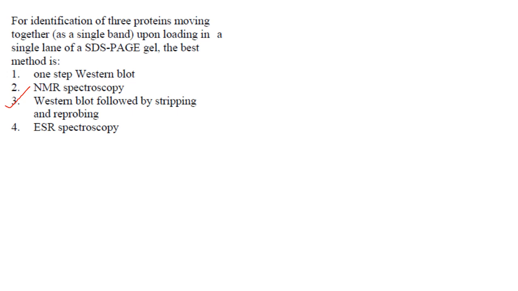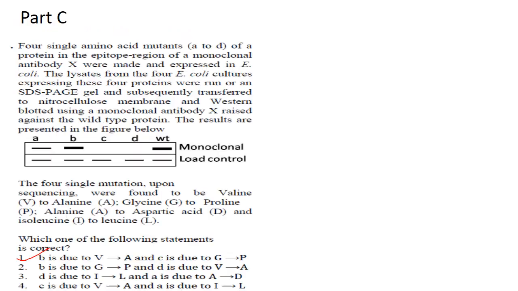That can be done by using Western blot followed by stripping and reprobing. I have explained this in one of my previous year questions, and I told you at that time also that this question has been repeatedly asked. First they asked it as a part C question, and now they have asked it as a part B question. So you can refer to that question which I have discussed earlier. So answer is option 3.